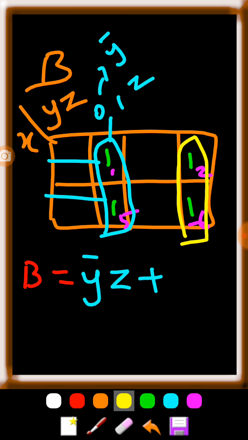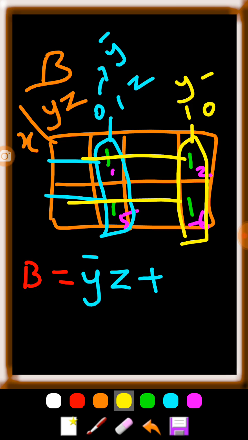For this yellow, if you expand it row wise, x is changing, so for the column, the value of yz is 1, 0, where y is taken as it is, and the minterm for z is z bar. So the expression is y z bar. So the expression for B is y bar z plus y z bar.